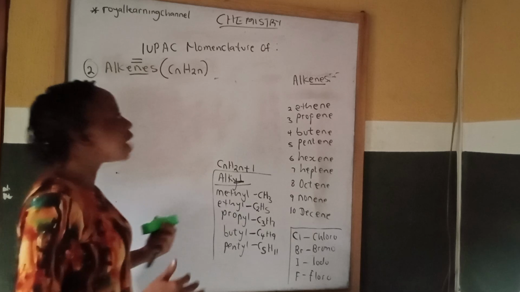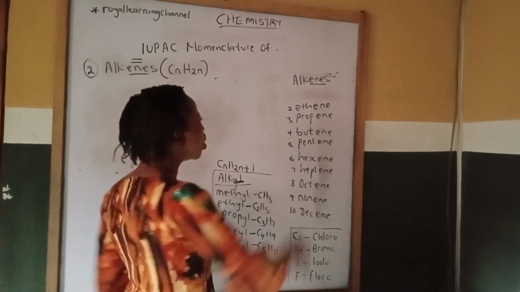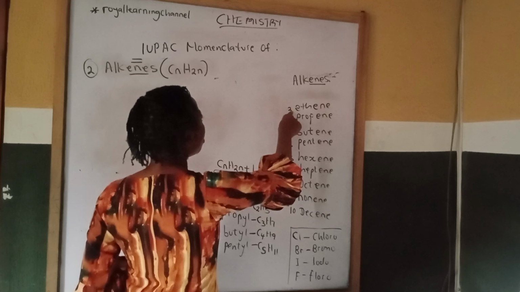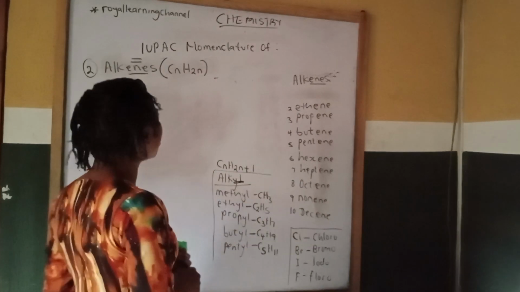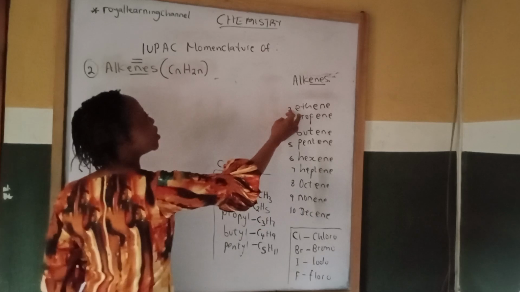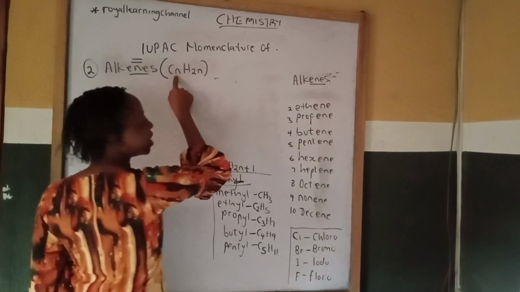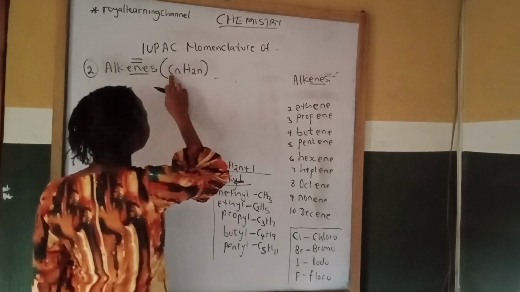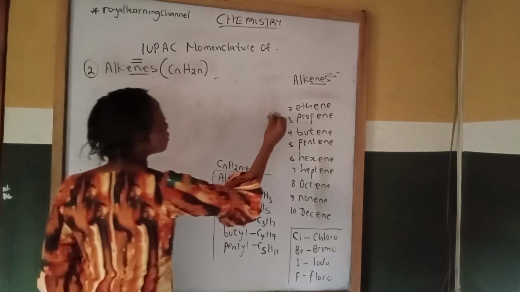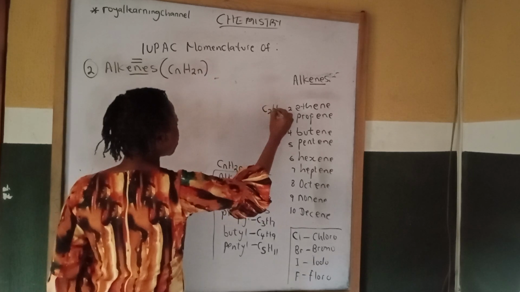Then how can you derive the molecular formula for these members of alkene? Substitute this whole number into this general formula to get their molecular formula. So your n for ethene will be 2. If your n is 2, so that will be C times 2, C2, then 2 times 2, that's H4.